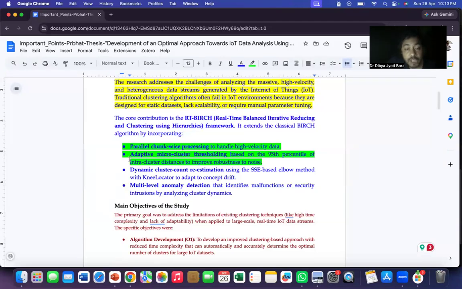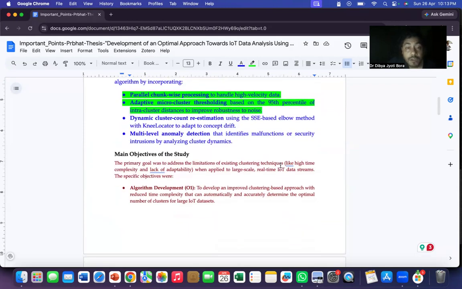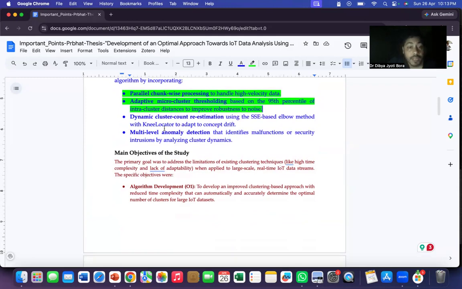So this point, adaptive microcluster thresholding based on the 95th percentile of intra-cluster distances to improve robustness to noise. To deal with the noise, we use this adaptive microcluster thresholding. Then dynamic cluster count re-estimation using SSE-based elbow method with knee locator to adapt to concept drift.